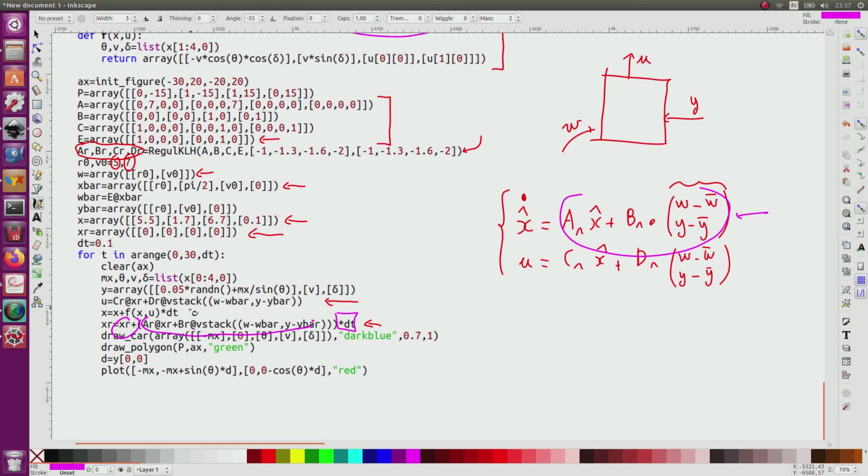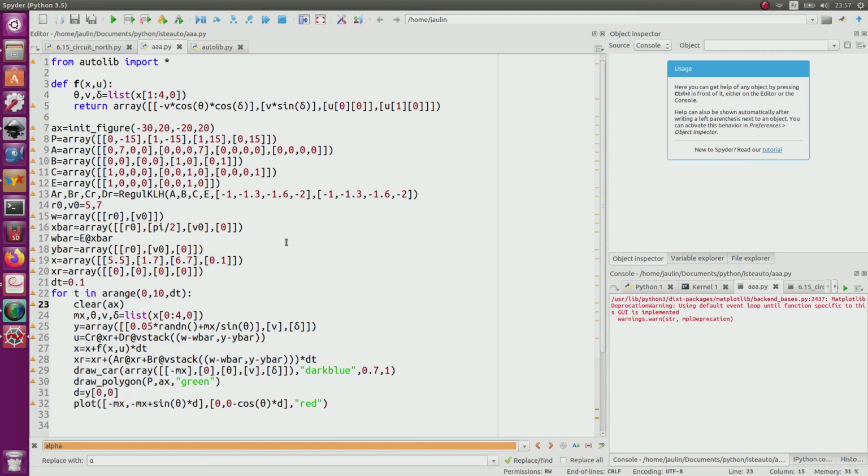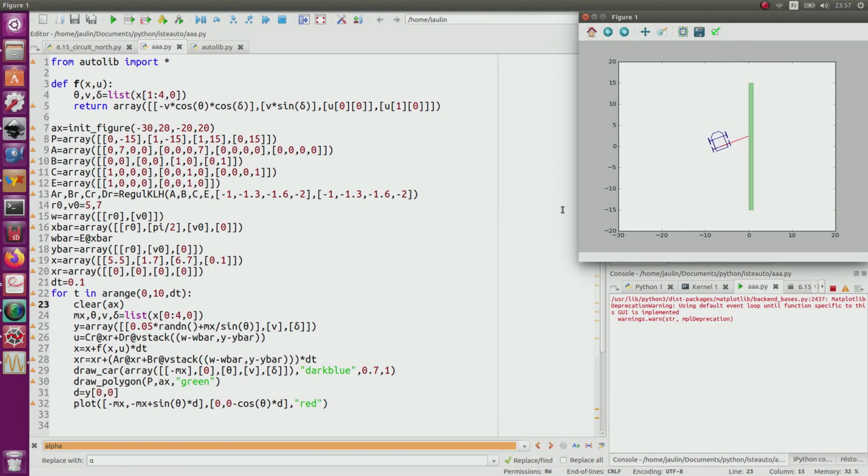The Euler formula is also used to integrate my real system, so my real, in the ideal world, of course. Okay. And here I plot my laser. If I run this program, I will obtain the following.